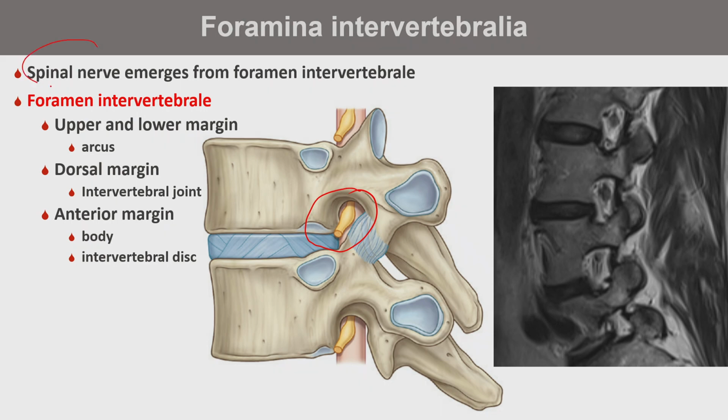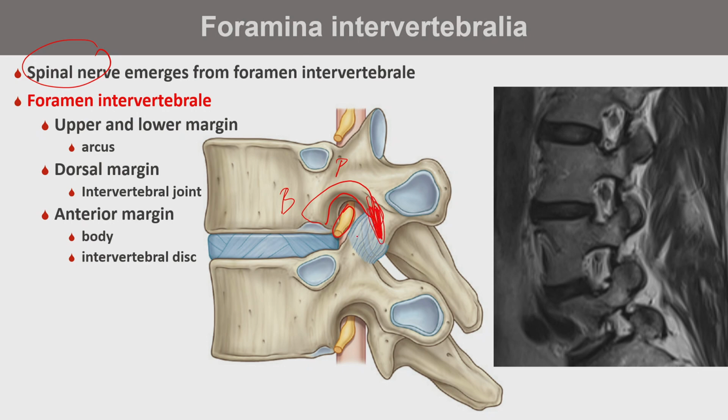So a spinal nerve is emerging from this foramen intervertebrale, and the foramen intervertebrale is delineated by osseous structures. The upper osseous structure is the vertebral body and pedicle of the arch, and then the upper facet of the joint.